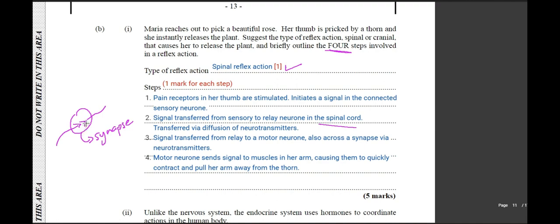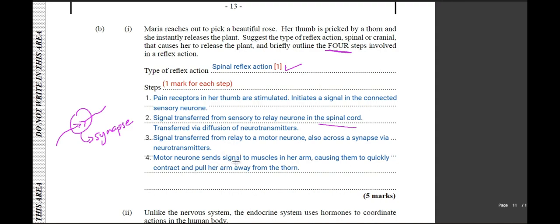And therefore, diffusion of neurotransmitters is going to effectively transfer that signal. Then the signal is transferred from relay to motor neuron, also across a synapse via transmitters.